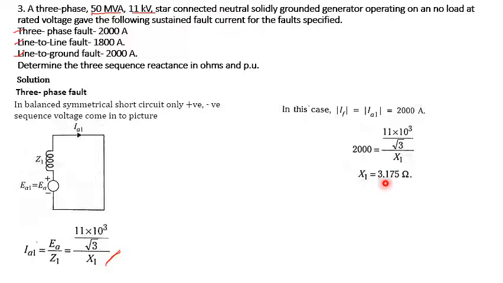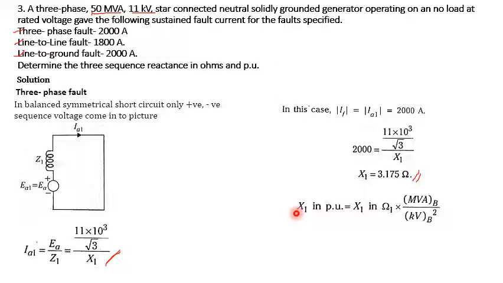We will get the value of x1. So from the three-phase fault, we can calculate only the positive sequence reactance. What is the x1 value here? It is 3.175 ohm. Then, look at this problem: determine the three sequence reactances in ohms and per unit. We need to calculate in per unit.